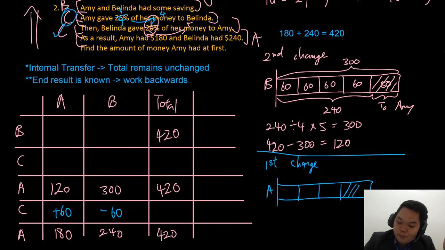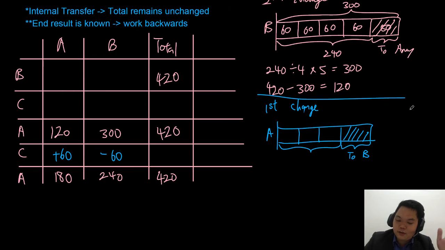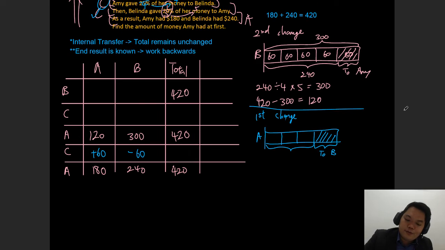So one of them was given to B. She would be left with these 3 blocks here, which is her 120 over here.